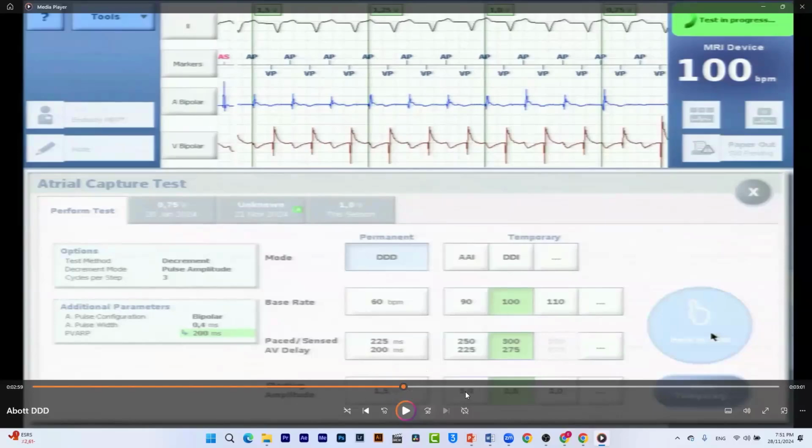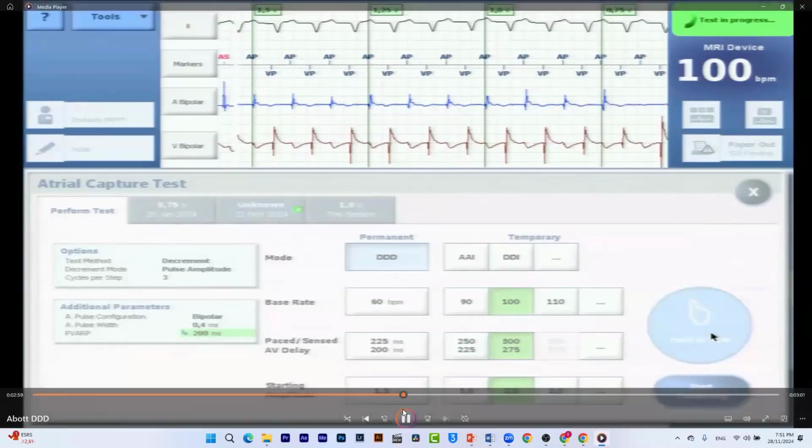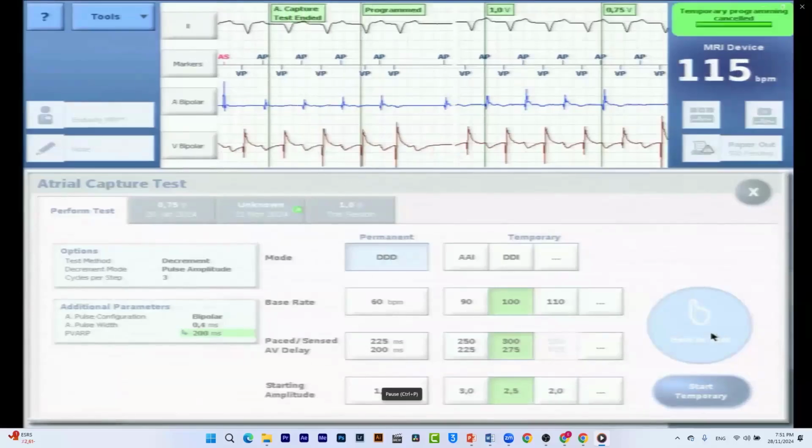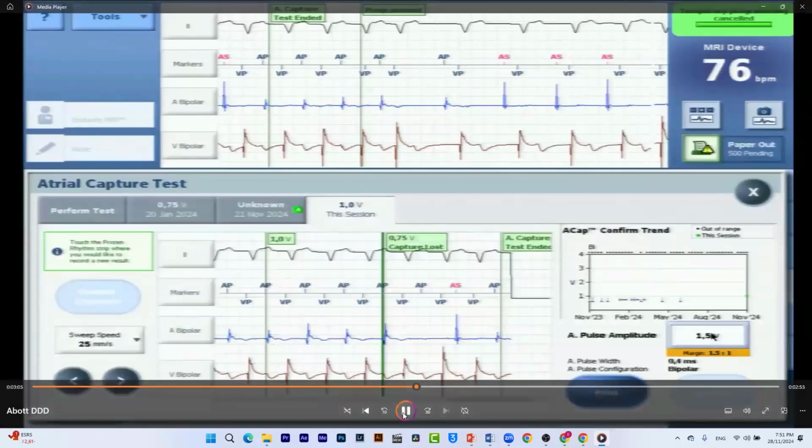Okay, and started at pulse amplitude 2.4, 2.5 volt. So here atrial capture was lost at 0.75, and the device wrote capture loss. So our threshold is 1 volt at 0.4 millisecond.